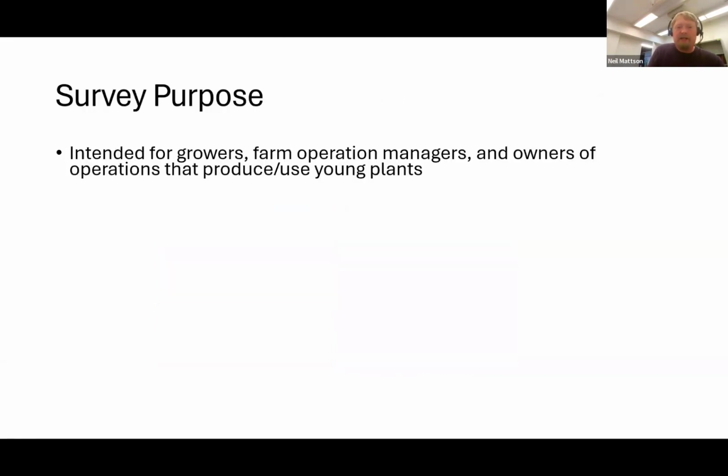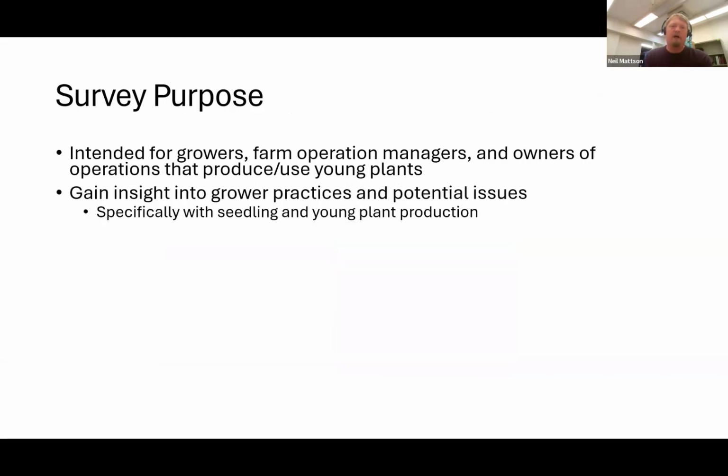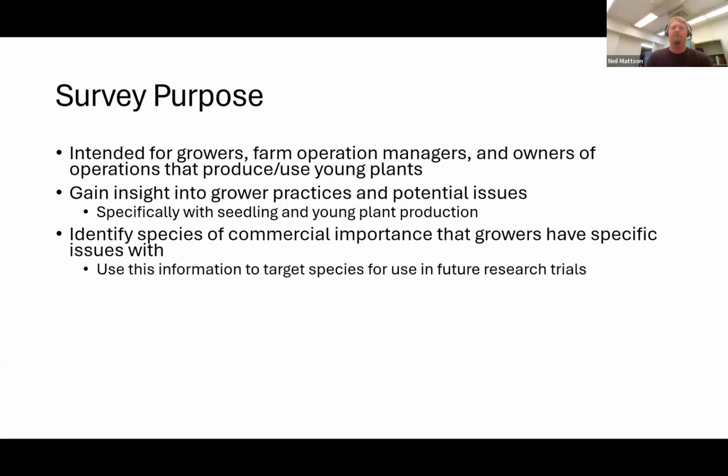So we conducted a survey of growers, farm operation managers, and owners of operations that produce and use young plants. And specifically, we think of this as a benchmark survey to see what kinds of issues growers have with seed germination, seedlings, young plant production, and then are they aware of plasma activated water and that it has some roles in improving plant performance or improving biotic and abiotic stress tolerance, as Christian was talking about.